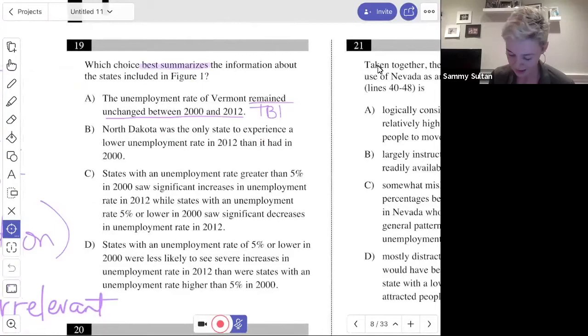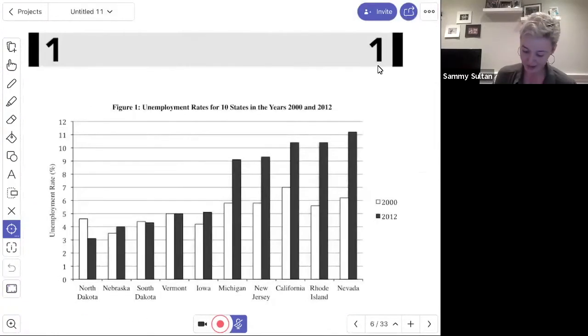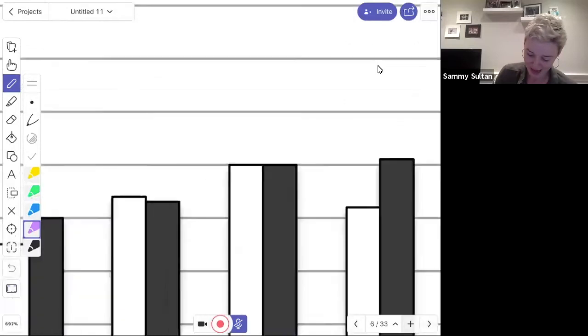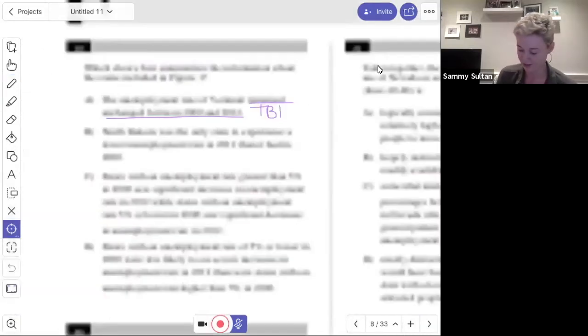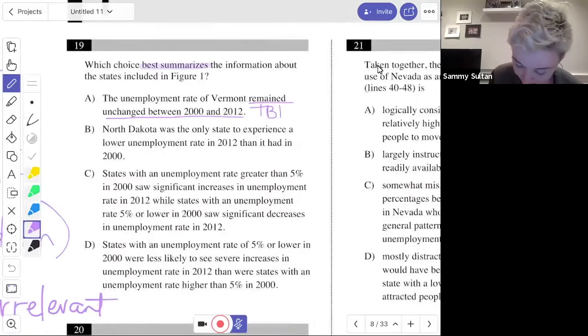Well, it did experience it, but I bet you, oh, look at that. There was one more state that had the same thing. Not by much, mind you, just a hair. But that by itself is enough to rule out choice B. So that, my friends, is a problem word, the only state. And I would go so far as to call that contradictory because it's completely wrong.